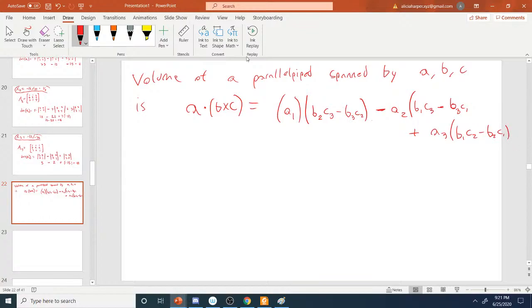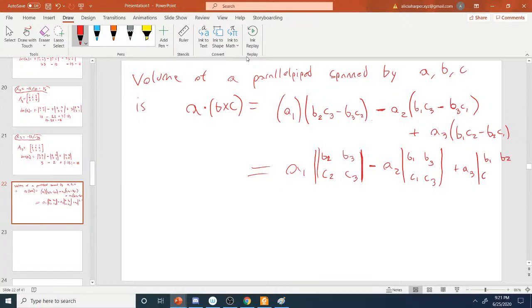Well, this is a fact you learn in multivariable calculus. But this is really the same thing as A1 times the determinant of B2, B3, C2, C3, minus A2 times the determinant of B1, B3, C1, C3, plus A3 times the determinant of B1, B2, C1, C2.